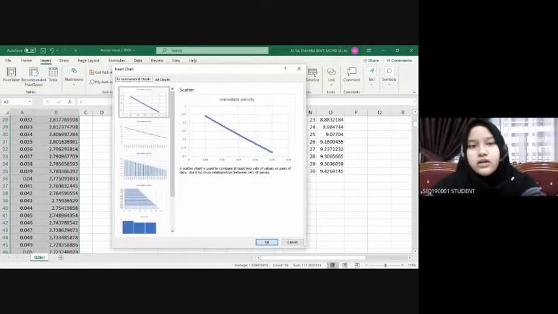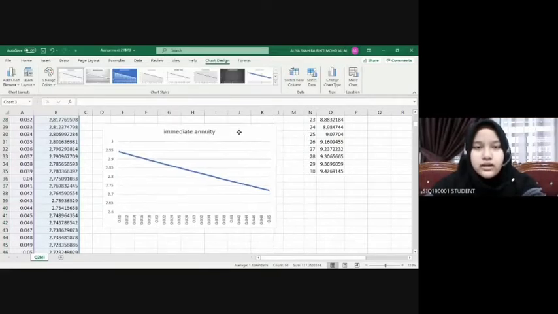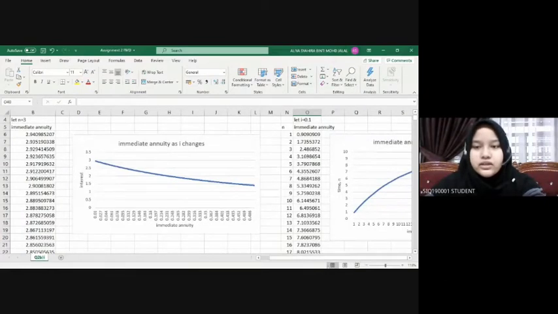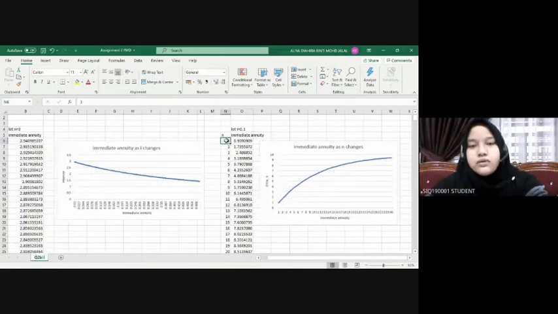So we could choose which chart is suitable for this type of diagram. So and then we click OK, and then we can get a diagram for the immediate annuity as the I changes.